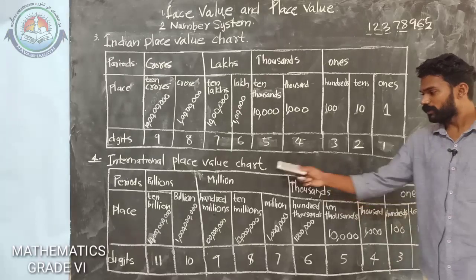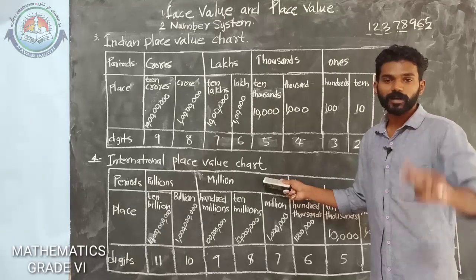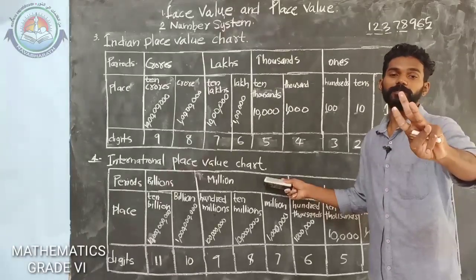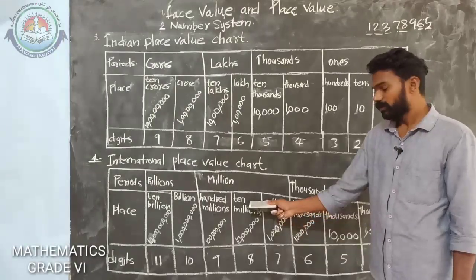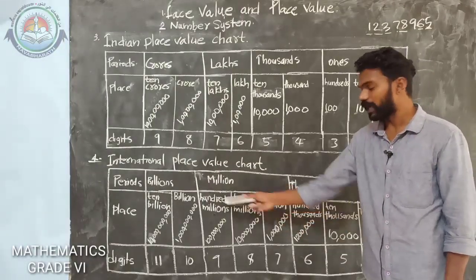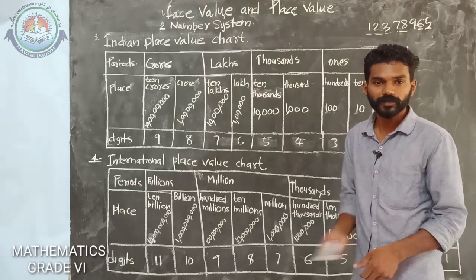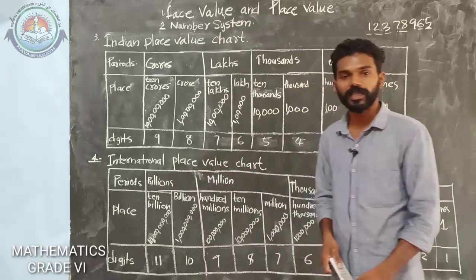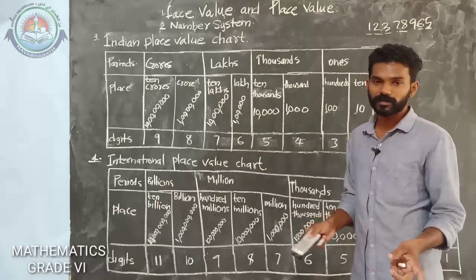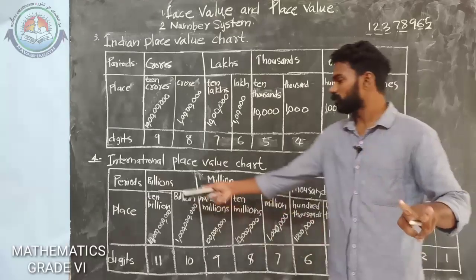Looking at the next period, which is millions, there are also three place values: millions place, 10 millions place and 100 millions place. The next period is billions. Here we discuss only two place values in billions.